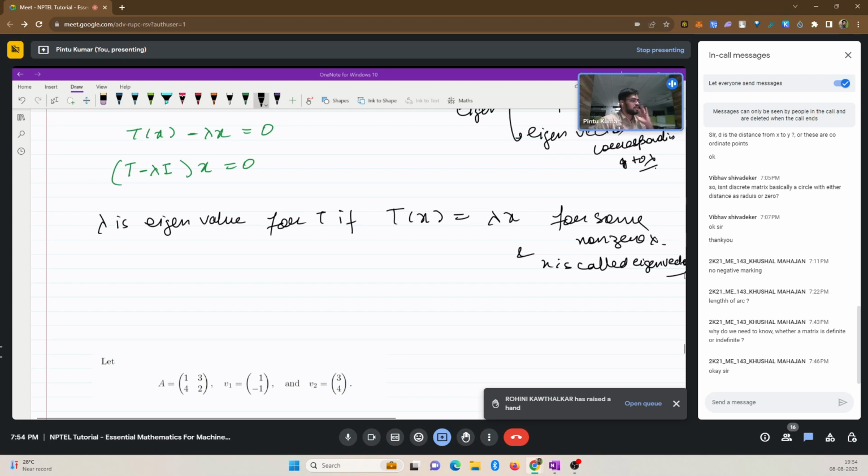Any doubt with respect to the definition of eigenvalues and eigenvectors? If the definition is clear, then we would be able to solve this.